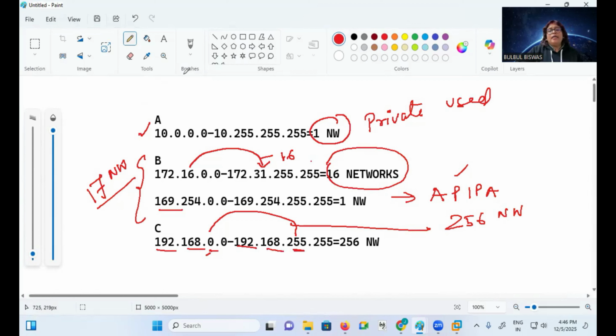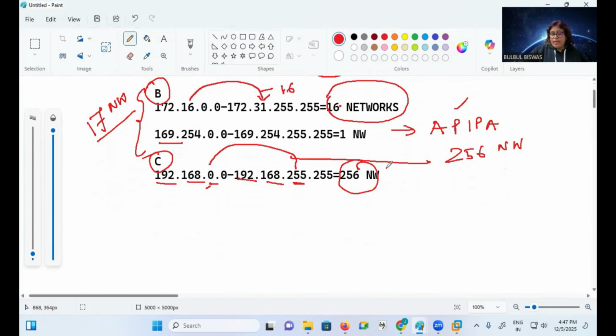That means while configuring the LAN, if we want to use private IP, we can use the 10 network from class A, the 16 networks from class B, and the 256 networks from class C.